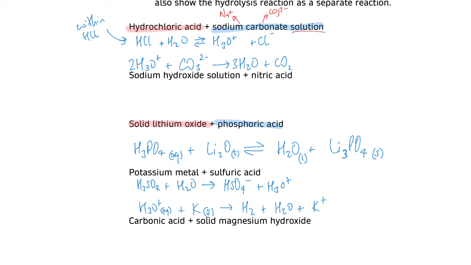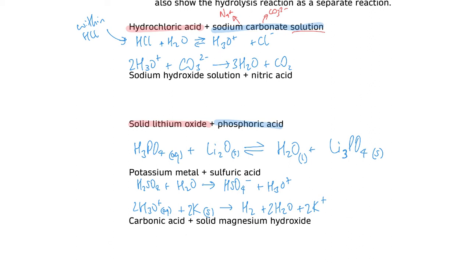To balance this equation, I would need to do a 2 there and a 2 here. Technically, to balance this equation, I also need to balance out charge, and you'll learn about this in the next topic of redox. You would also need to put a 2 here and a 2 here to balance out the charges. But we'll talk about that when we get to redox.